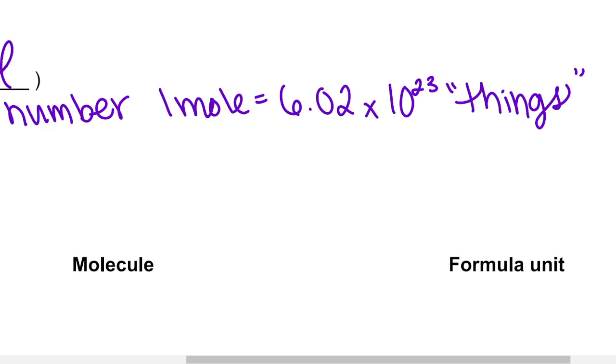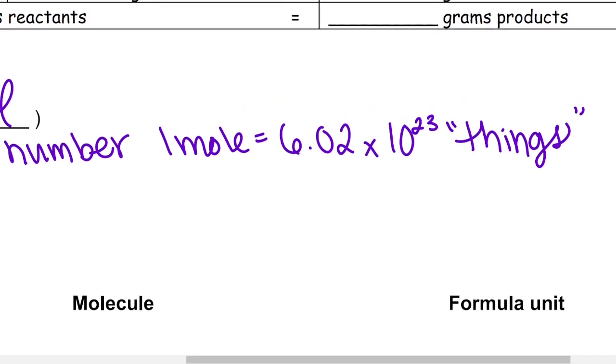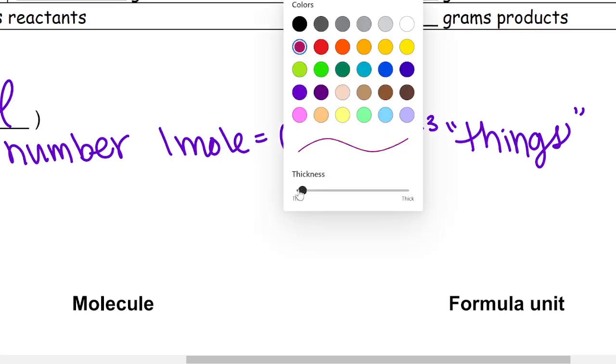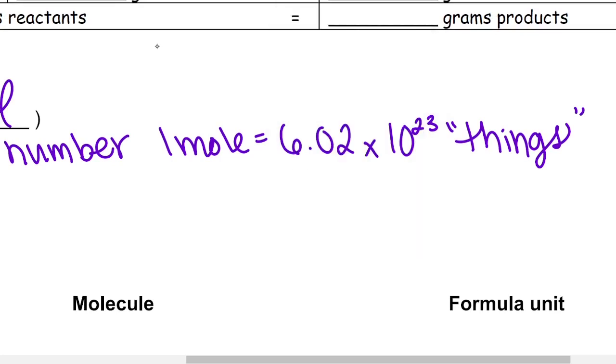So we use the term mole similar to how dozen is used in other contexts. So for example, if I said I wanted 1 dozen students, how many students do I want? 12 students.